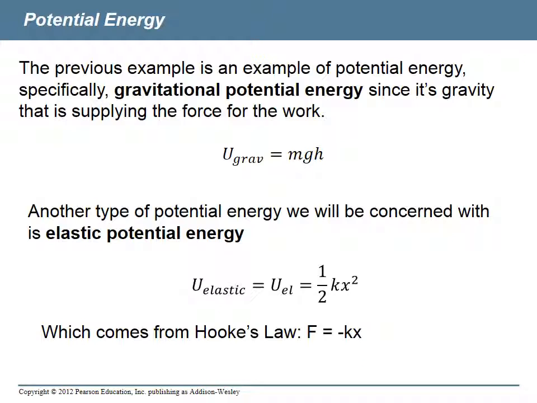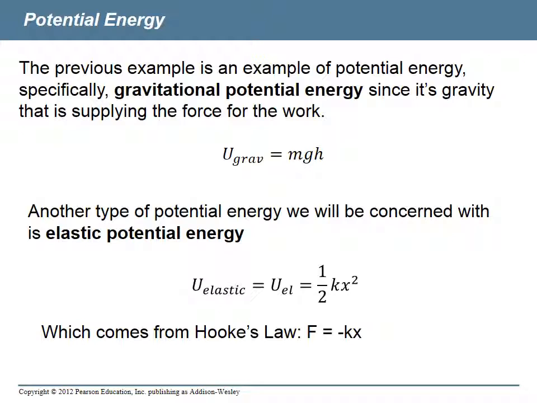And then the displacement is x. The distance it goes is x, and you can see how it's related to Hooke's law. So the elastic potential energy is 1/2 times the spring constant k times the distance that the spring is either compressed or stretched. This is the distance from equilibrium, x, and it's just 1/2 kx squared.